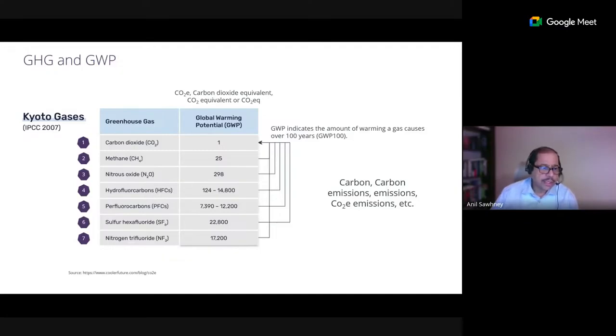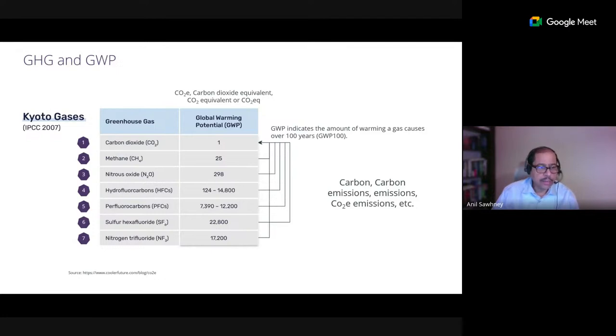Now, the gases that I just described are called the Kyoto gases because that's when this was agreed. All measurements of GWP are generally done relative to carbon dioxide. So loosely, we will always say carbon emissions or carbon or emissions, because all we are doing is calculating GWP in terms of carbon dioxide equivalent. So CO2e, for example, or CO2 equivalent, or sometimes written as CO2 EQ. So this is what that equivalent means.